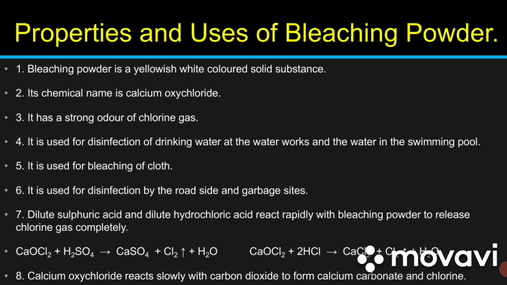The reaction of bleaching powder with dilute hydrochloric acid: CaOCl2 plus 2HCl gives CaCl2, that is calcium chloride, plus Cl2 plus H2O. Calcium oxychloride reacts slowly with carbon dioxide to form calcium carbonate and chlorine.